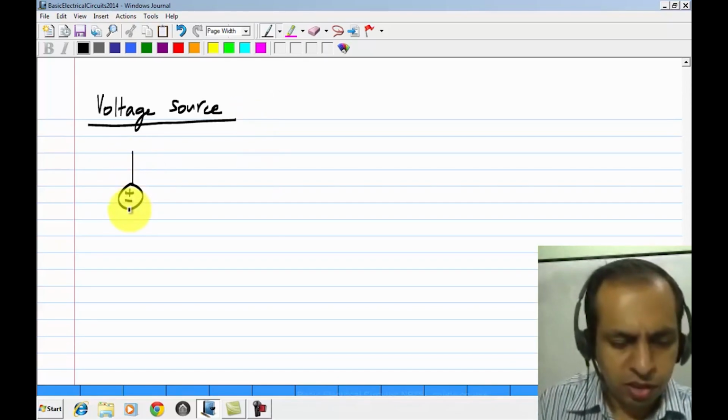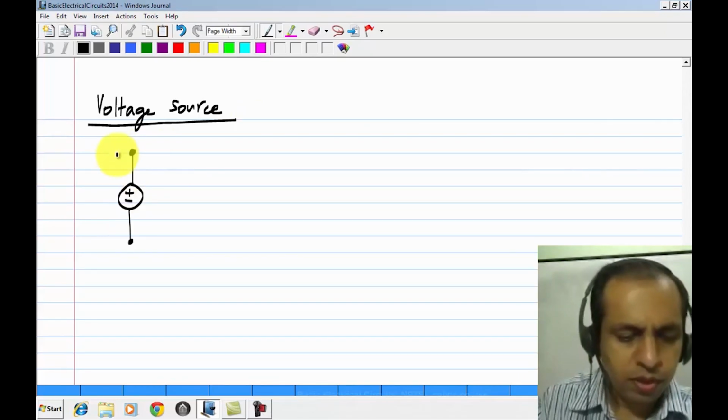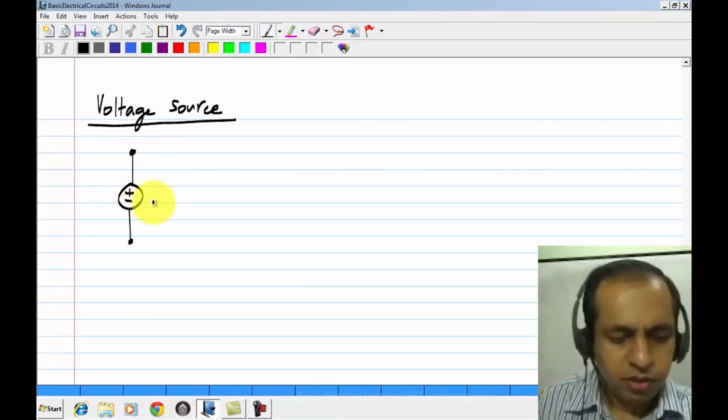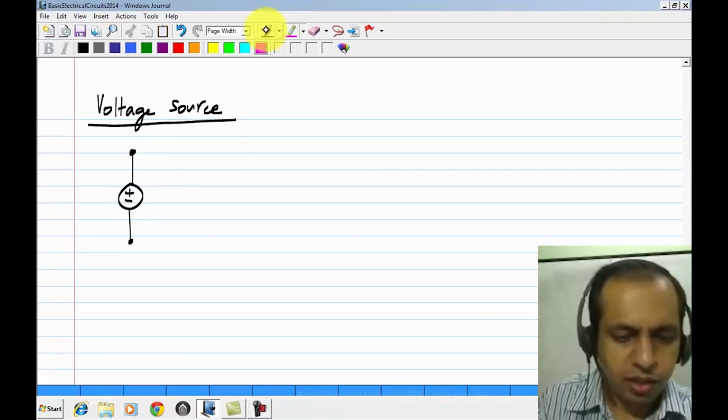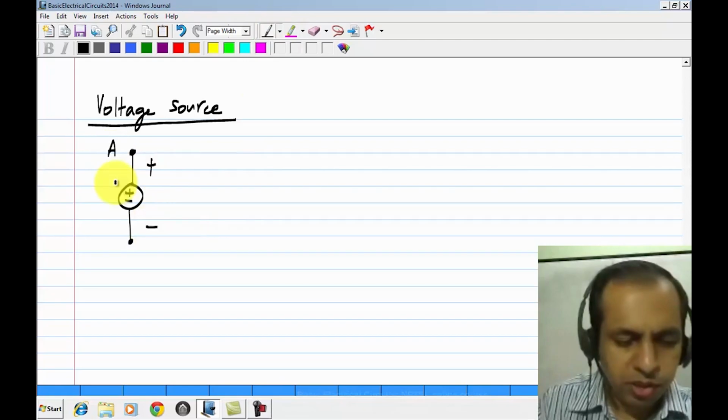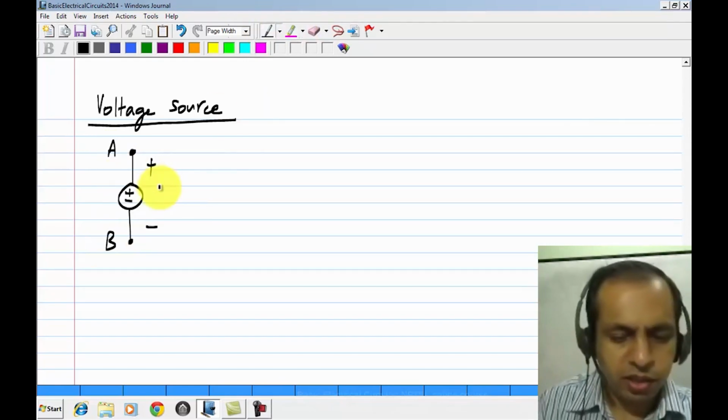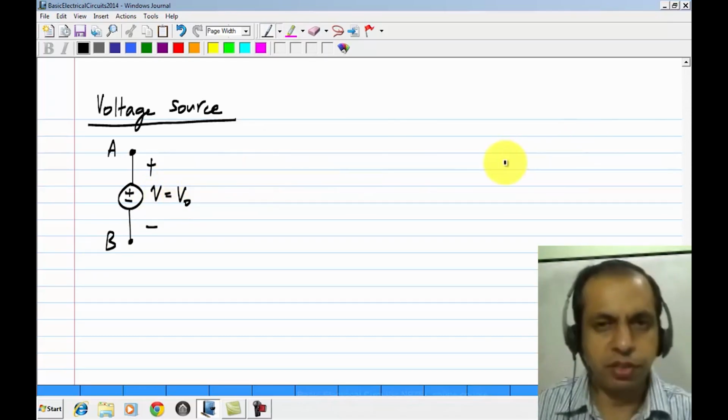It is given by this symbol, with the polarity indicated inside. What does it mean? It means that the voltage between these two terminals A and B, measured in this way, which is given by the polarity inside, is a certain V naught. This is the specified voltage.